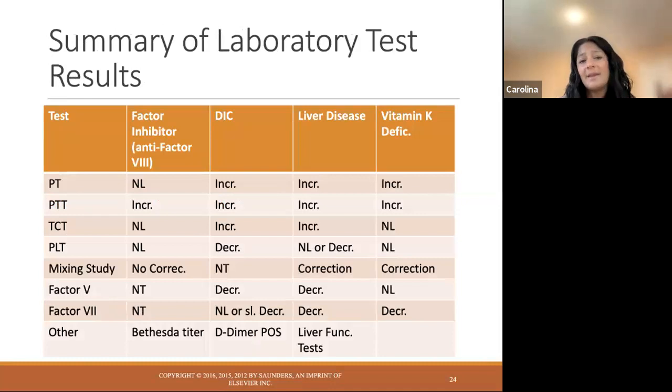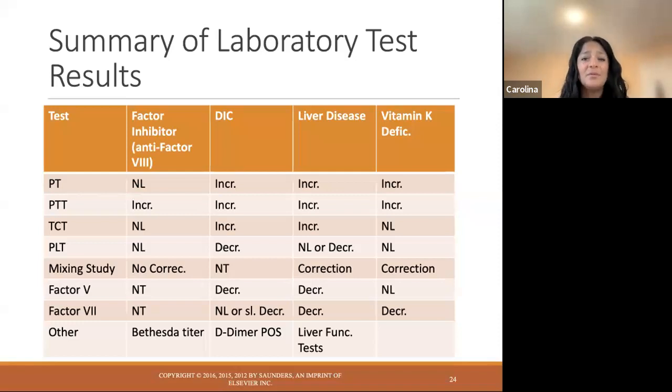When you look at a table like this, at the disorder, the bleeding symptoms, where it's coming from, just make sense out of it, because you need to really understand what the PT is testing for, what the PTT is testing for, what the thrombin clotting time is testing for, the platelet count. What does it mean when it's normal? What does it mean when it's decreased? What is the mixing study? What does it mean to have a correction? No correction, okay? Factor 8 and factor 7.